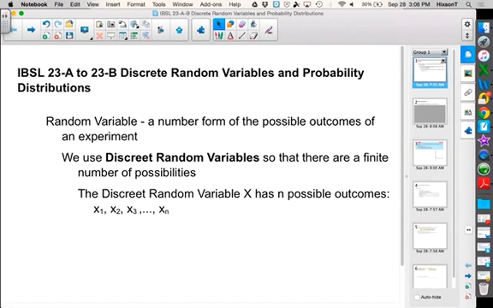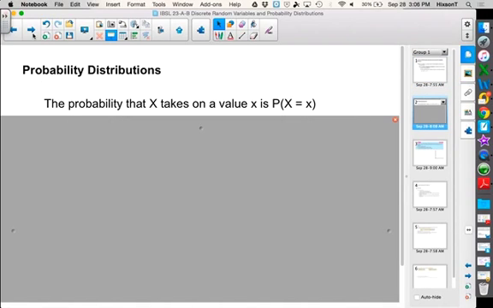Okay? Now, when we're talking about the probability that this random variable takes on a specific value, this is the notation that you'll see. Okay? The probability that a discrete variable X equals the specific value x is something, depending on the situation.